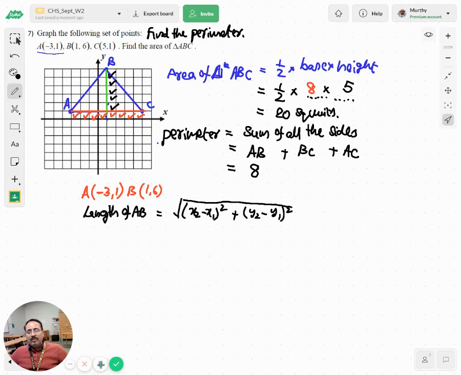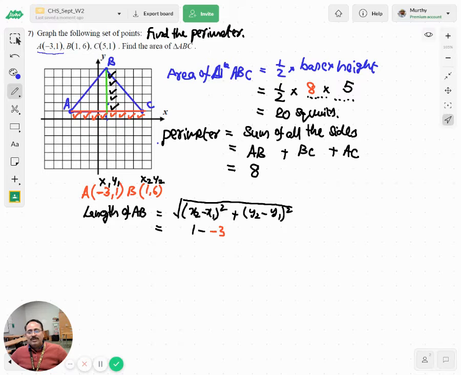I know that this is my first point, so x1, y1, and let me label this x2, y2. Now, just plug in the values. x2 is 1, take away x1, this is really tricky: 1 subtract -3.